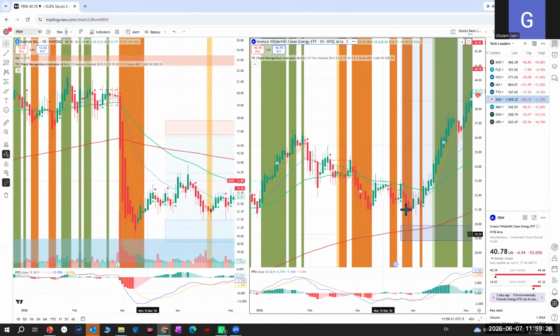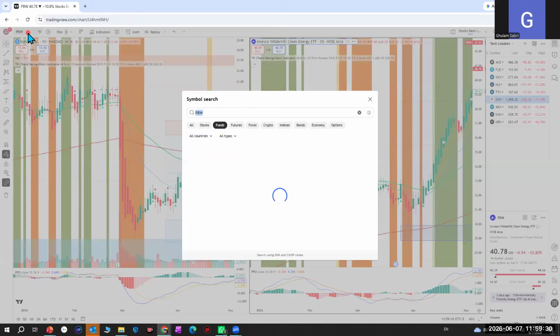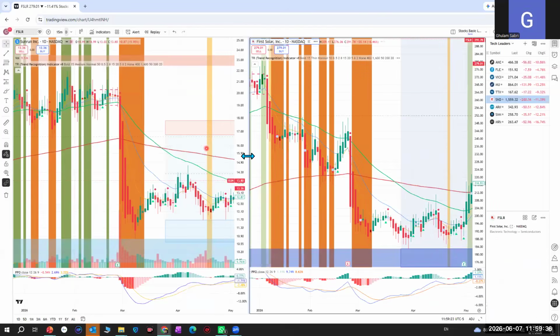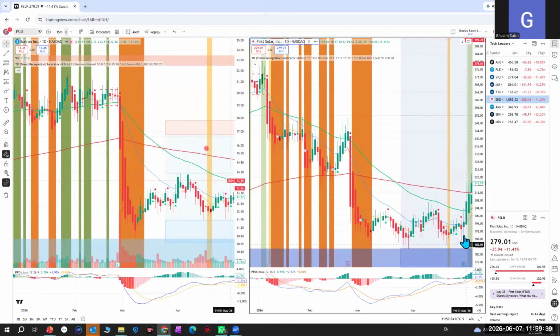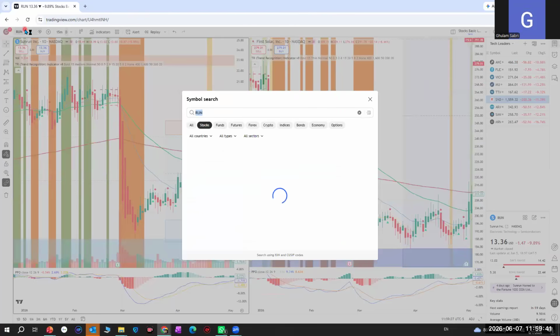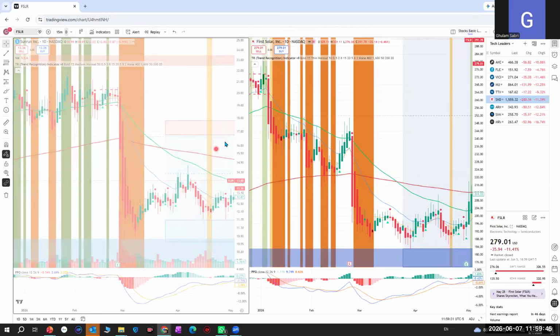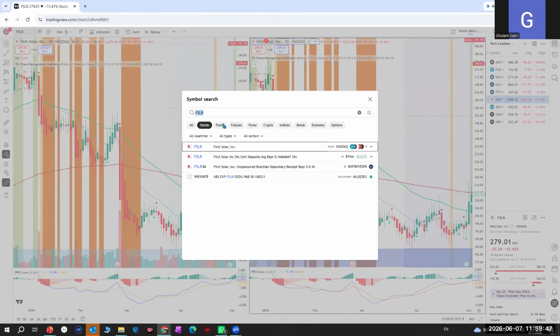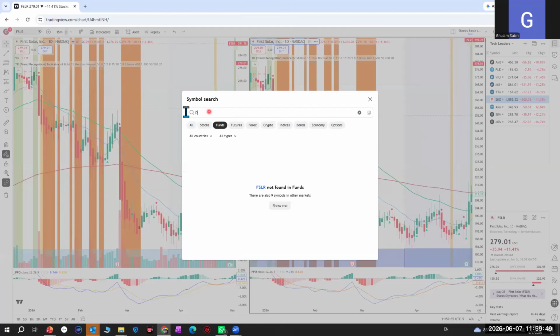So this ETF is doing this thing. Let's take an example, not Sunrun, Sunrun is a beaten down stock. First Solar. Again, I'm making a mistake here. I want First Solar in the left window, and I want the PBW fund in the right window.